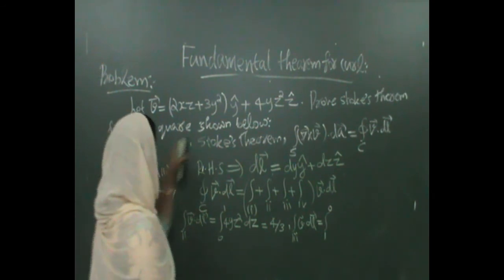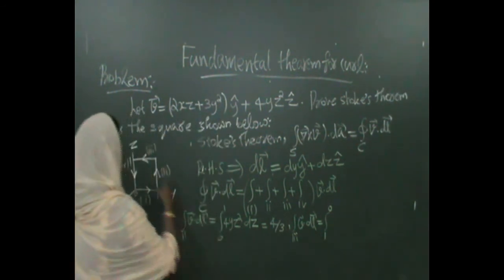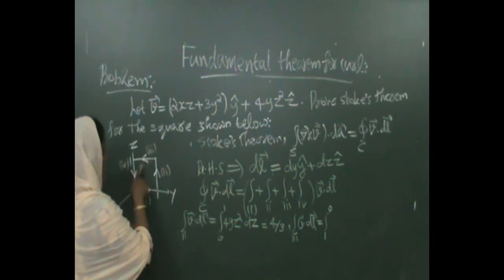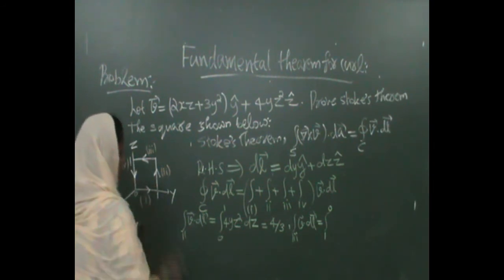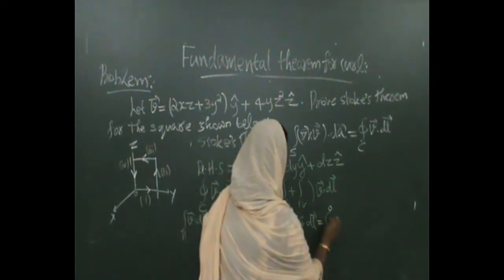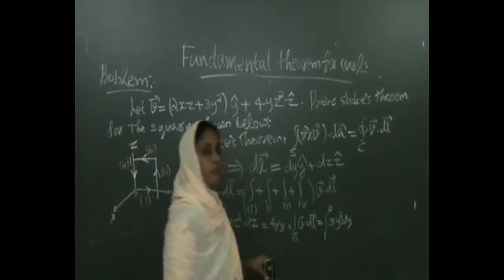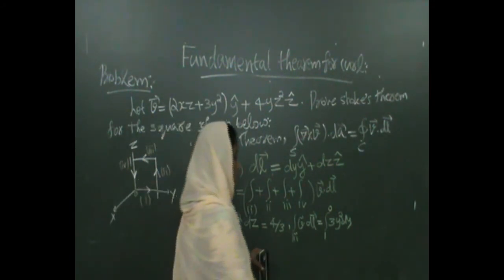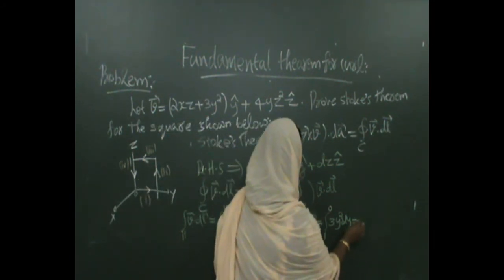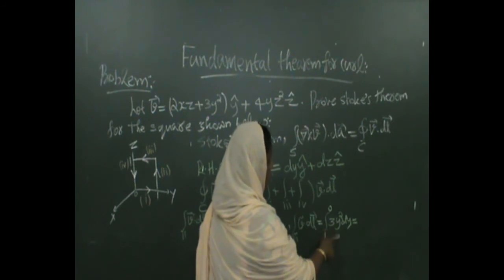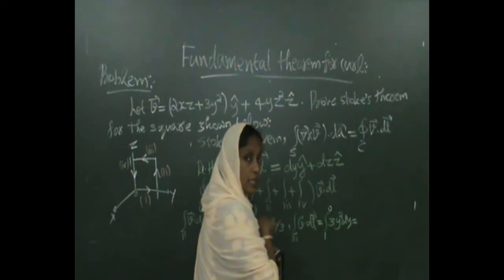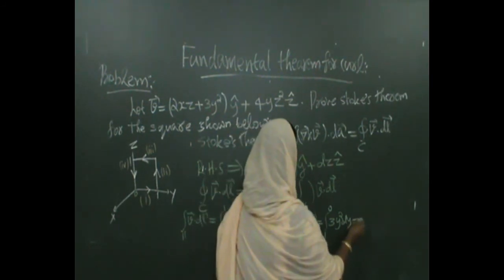Only the y component, and here x equal to 0 and z equal to 1. So you have here 3y square dy. This gives you y cube by 3, 3 cancels out, you get minus 1.